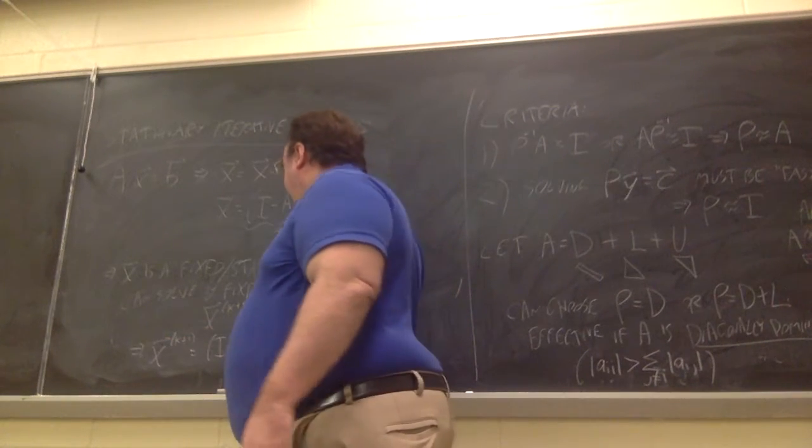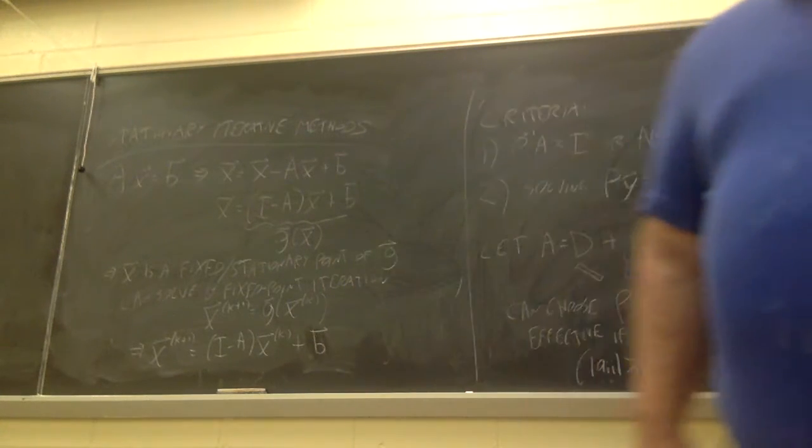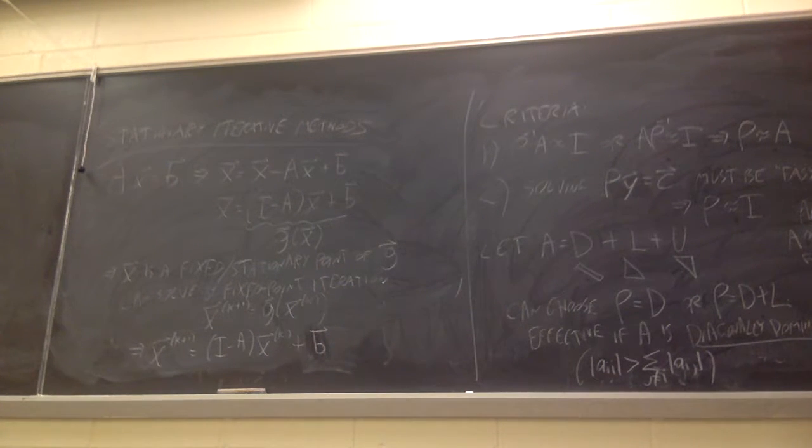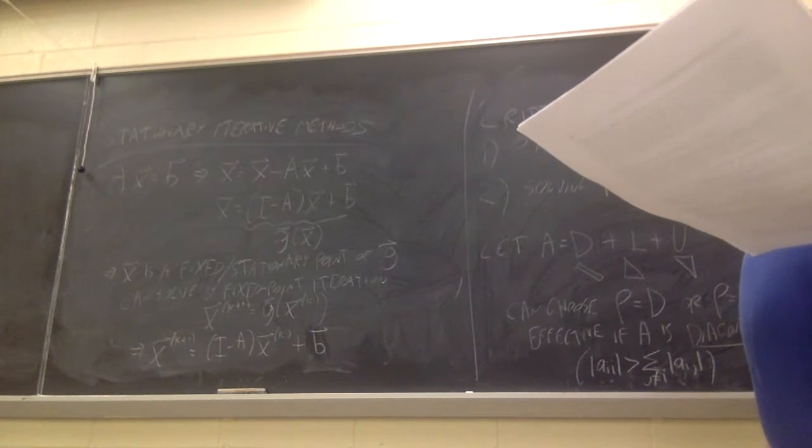Then plug that one in here and get x2. And maybe these x's will converge to the solution of Ax = b. But I don't know yet if that's actually going to happen, or if there's going to be some conditions on it.